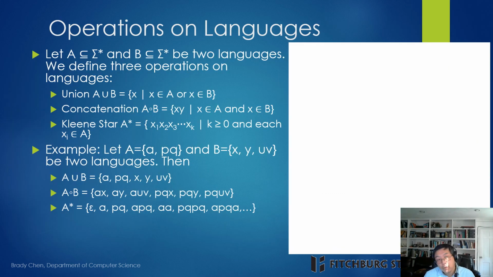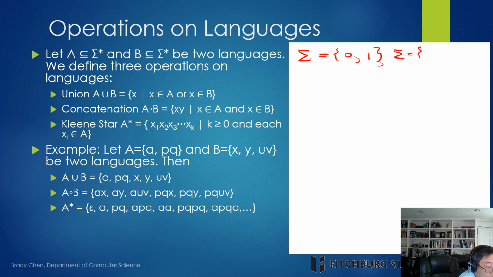Okay, so before we talk about operations on languages, let's first recall the terminology which we just defined in the previous module, module 7. Now we know that sigma is the set of alphabets. So sigma could be 0 and 1, right?